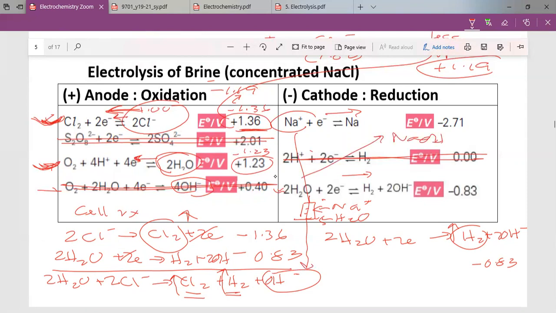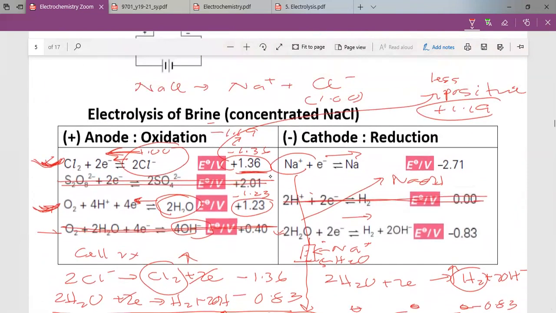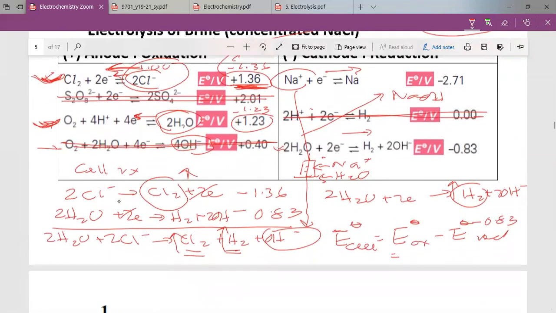Now, of course, you can also write what's the EMF of this one after you can see the equation come out. So the EMF, that means what's the EMF of the cell that's required to overcome this negative part here. Remember, use E oxidation minus E reduction. So who is undergoing oxidation? Your chlorine, isn't it? So it's plus 1.36.